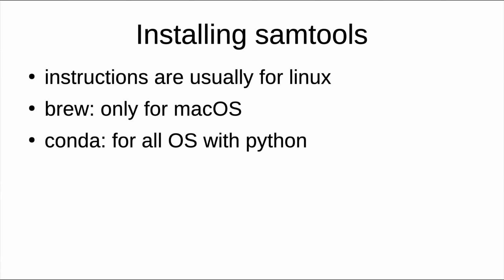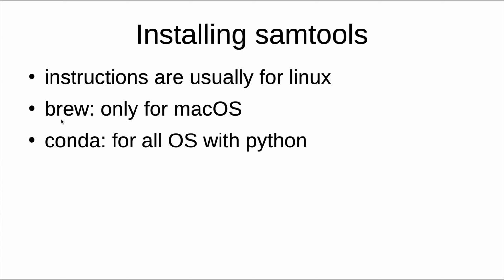When you choose the way of installing samtools and other similar programs, pay attention that instructions are usually written for Linux. Brew works only for macOS, for my computer for instance, and conda is for all systems equipped with Python.